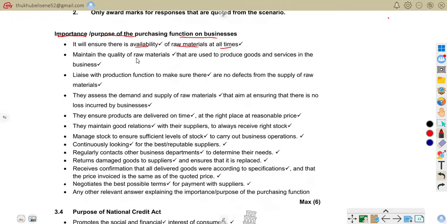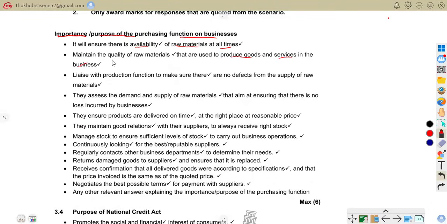It prevents production delays because they make sure that the materials are there at all times. They maintain the quality of raw materials that are used to produce goods and services in the business, meaning they ensure good quality products.